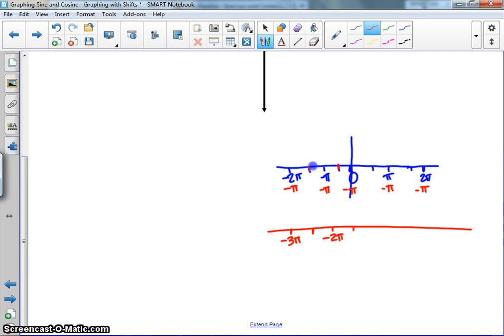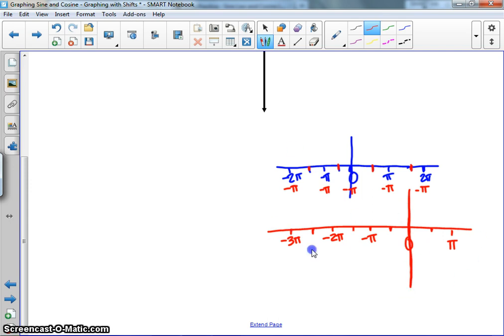And then 0 would go to negative pi, and then a dash. And then pi minus pi would be my new 0, and then a dash. And then that point at 2 pi minus pi is just going to be pi. And so here are my new points, and the y-axis would be right here at 0.